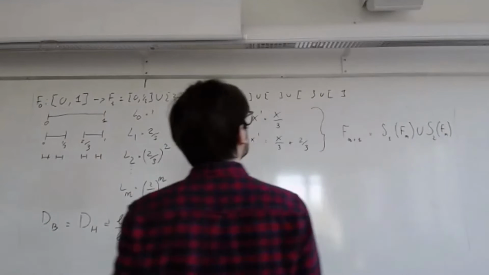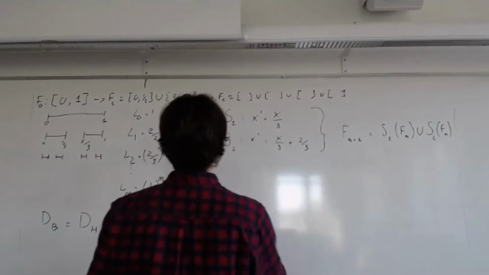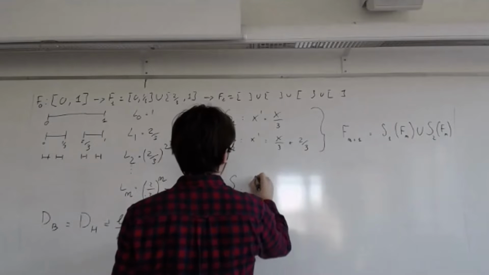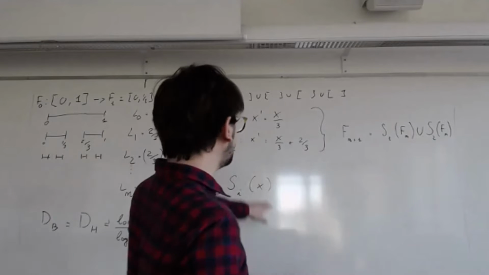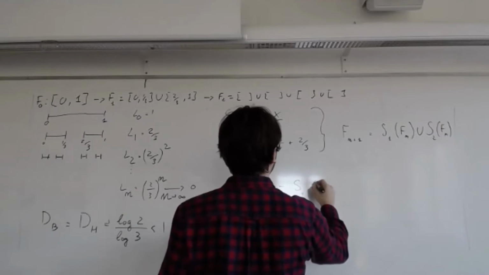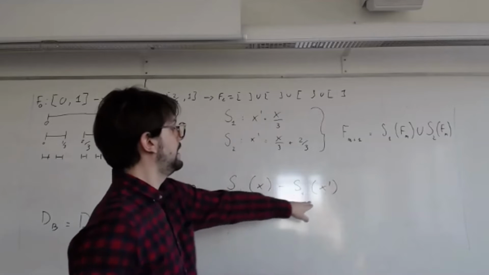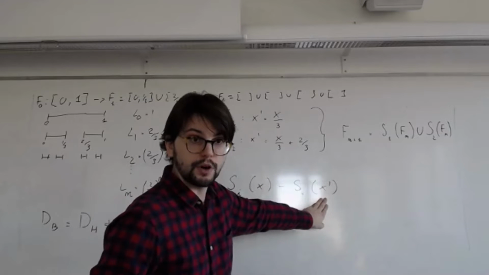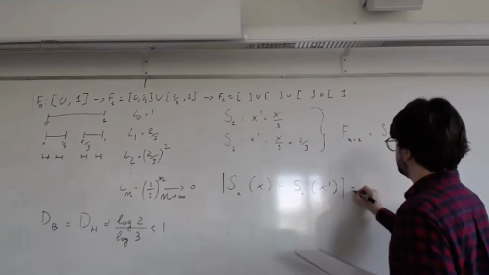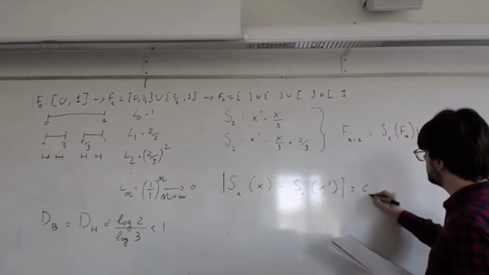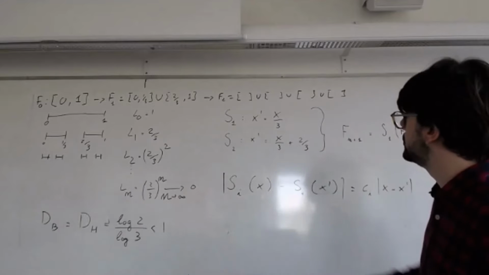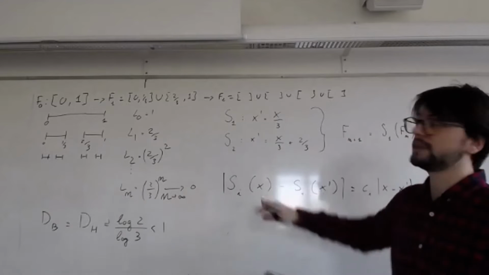So the idea is that if you take your map S_i for a given x in your interval, and you subtract the S_i for your x prime, the one you map it to, and you take the absolute value, this will be a certain C_i times the distance between these two values, between the value that you start with and the value you contract it to.